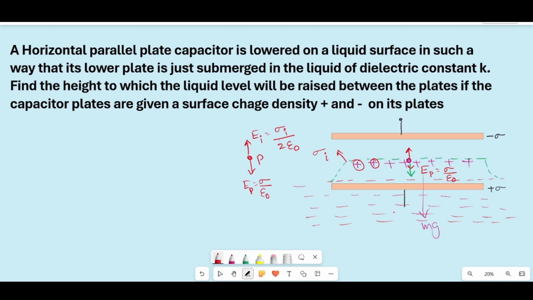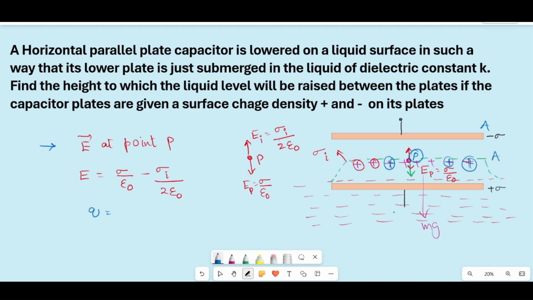The charge is present on the liquid surface. If the area of the plate is A, the surface area of the liquid can also be considered as A.